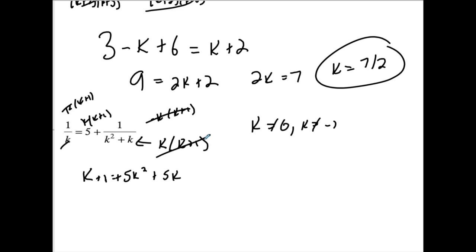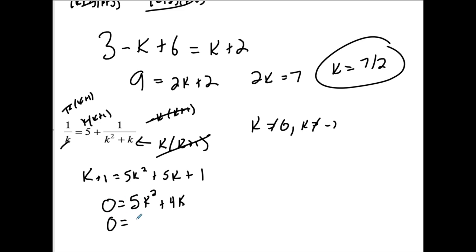All right, so k plus 1 equals 5k squared plus 5k plus 1. So 5k squared plus 4k equals 0.